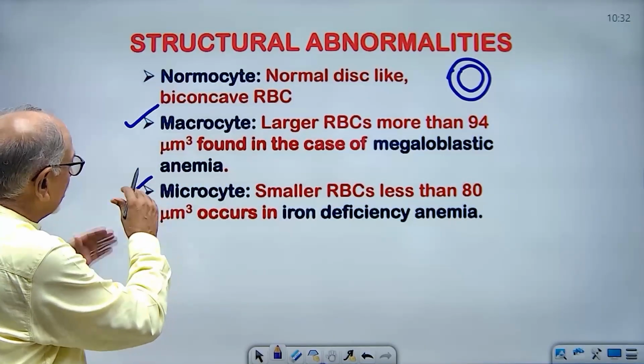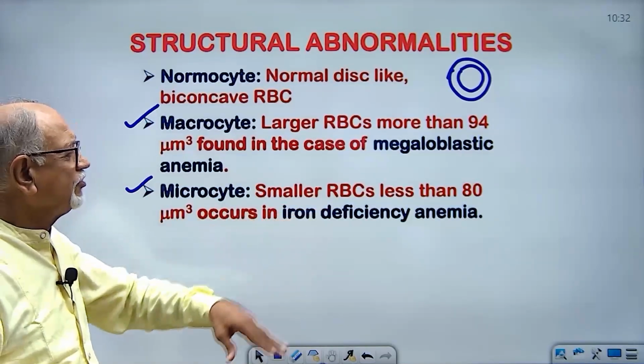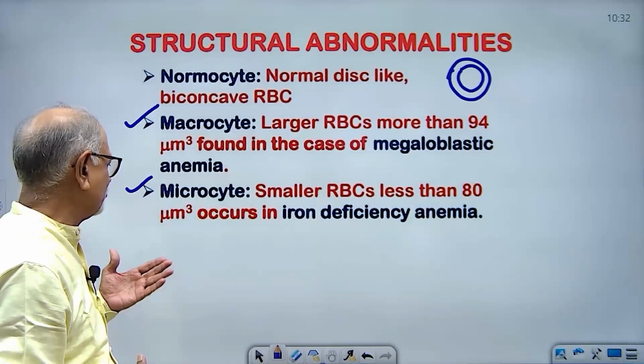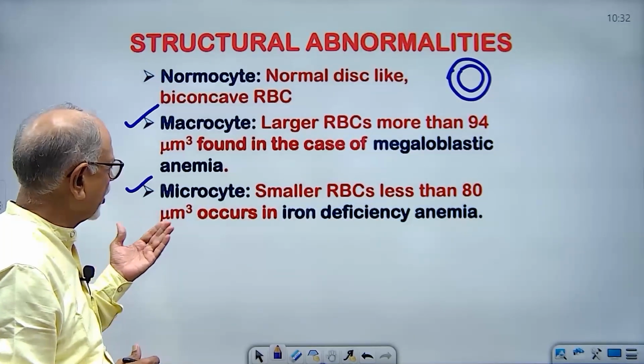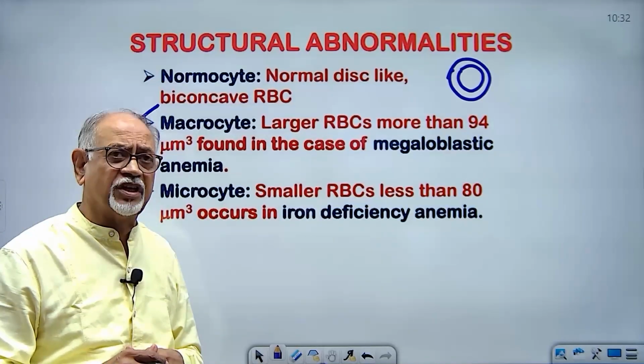Now, the opposite case, that is microcyte, smaller RBCs less than 80 cubic micrometer, occurs in case of iron deficiency anemia.